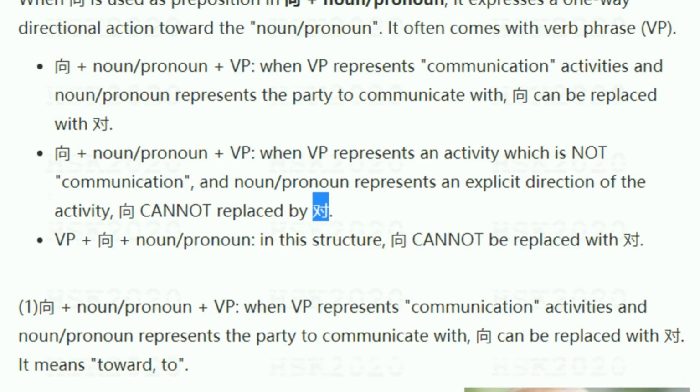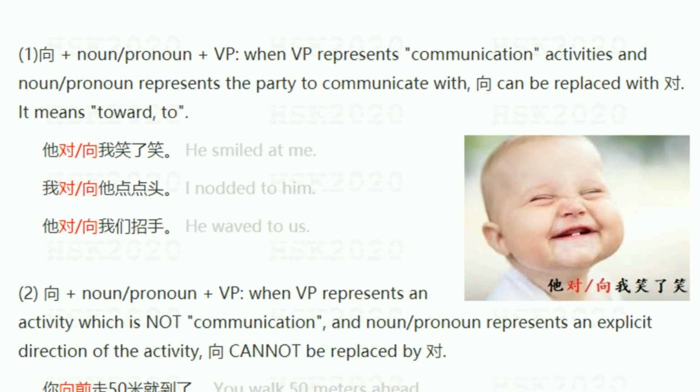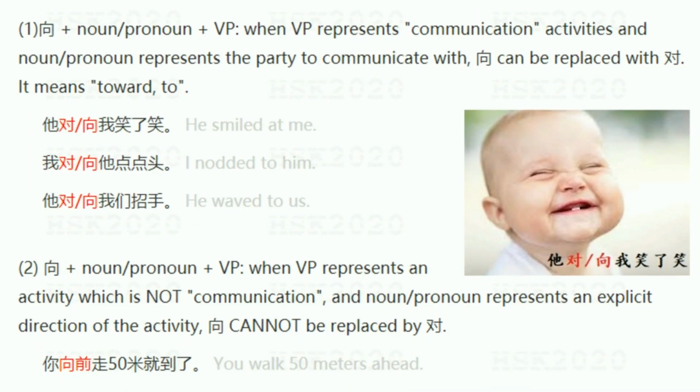Let's see some details. In the first example, the verb phrase represents the activity of communication. So what is the activity of communication? We will talk about it now. And the noun or pronoun represents the party to communicate with.